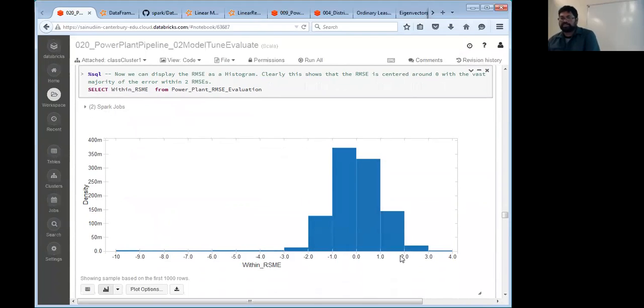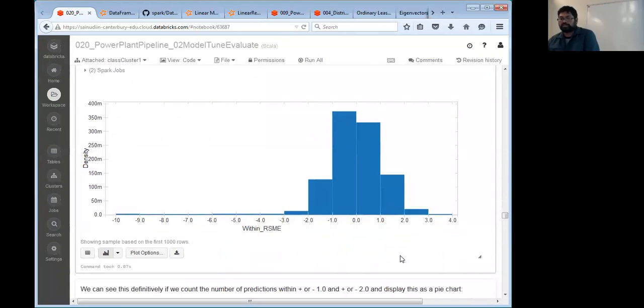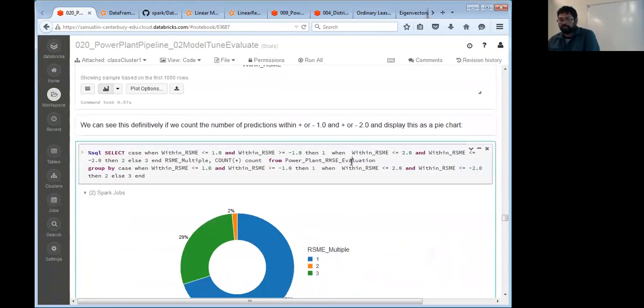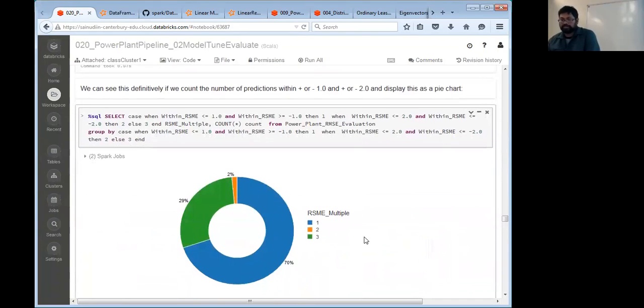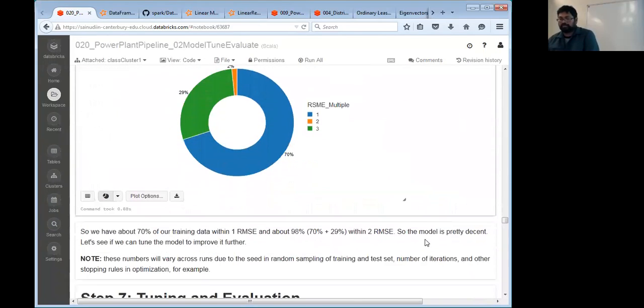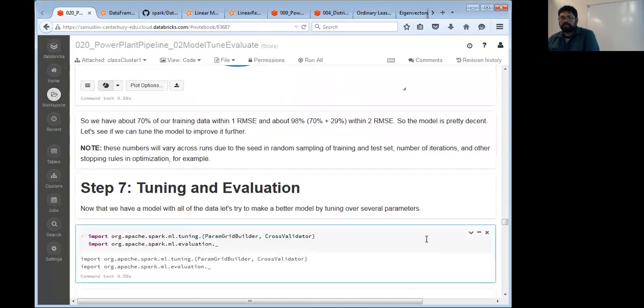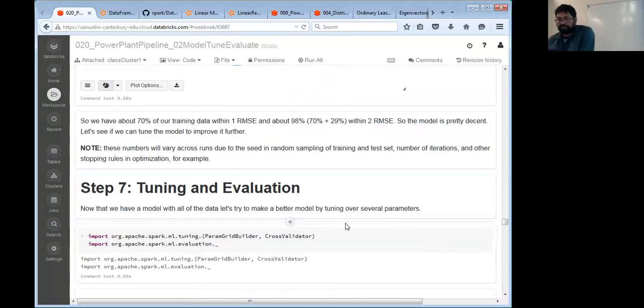Now the question is, is the majority of the error within 2 root mean square errors? To do that, we can just do this plot. You notice that most of them are within 1, and the remaining are 2 and 3. So about 70% of our training data is within 1 RMSE and about 98% within 2 RMSE.